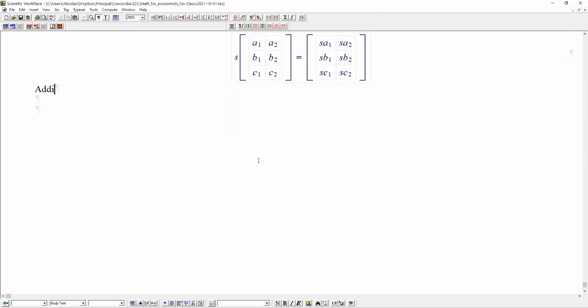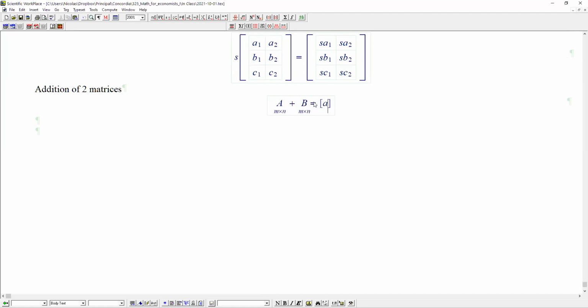Addition of two matrices. If I have a matrix A that's M by N, and a matrix B that's also M by N, then each element is added together.